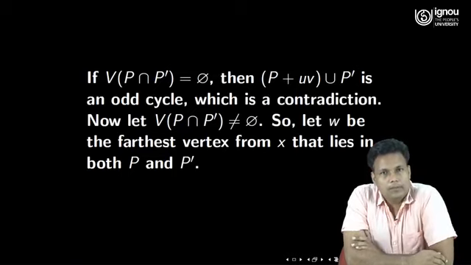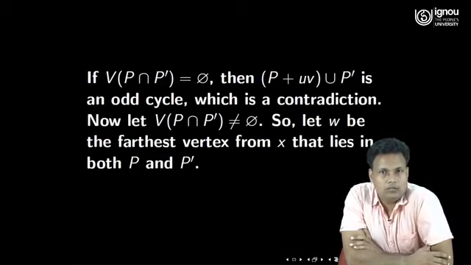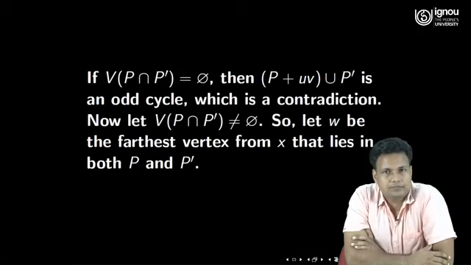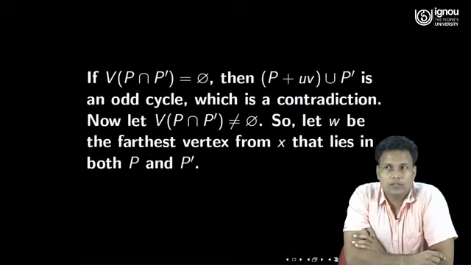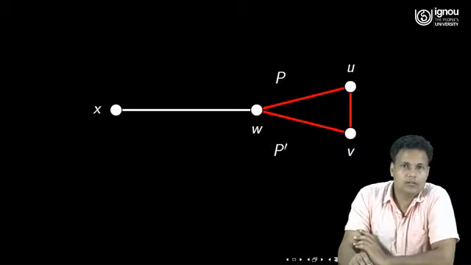Now, let us assume that P and P' have some vertex in common. We are interested only in the vertex which is farthest from x. So let us take w to be the farthest vertex from x that lies in both P and P'.